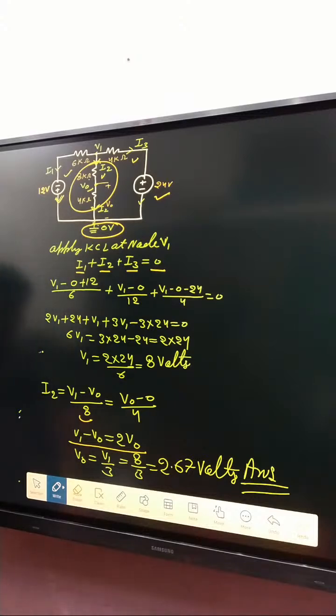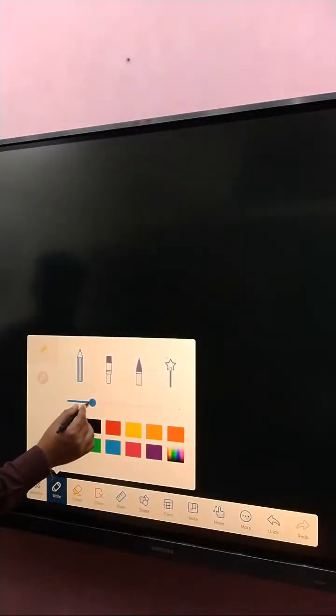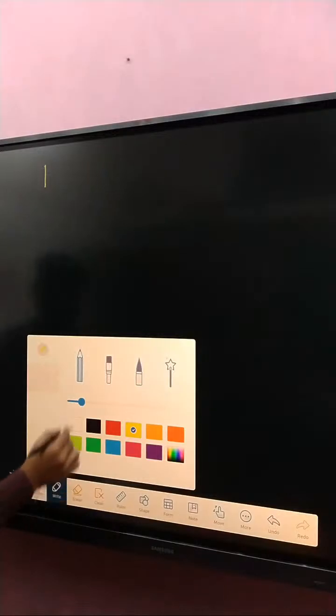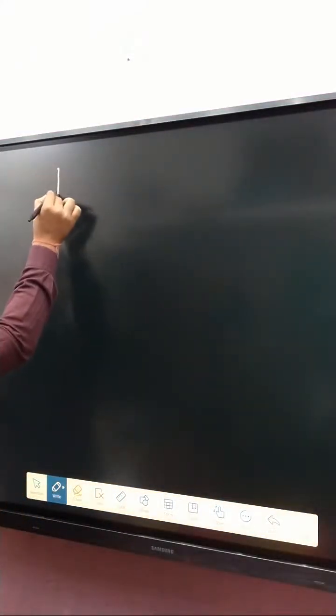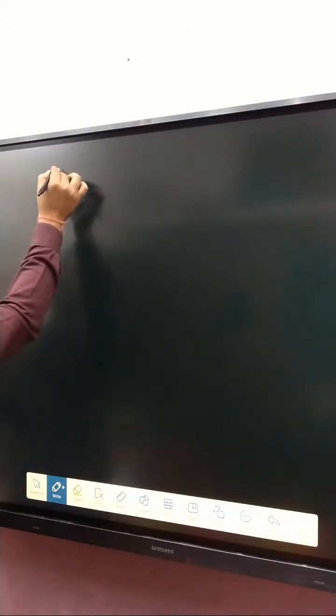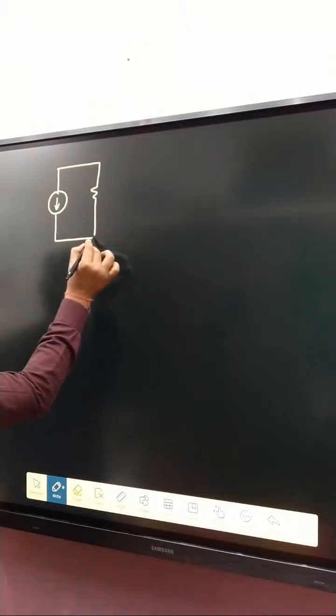So now the next problem. I have taken another problem. A current source is represented like that, and here a parallel resistance is connected.